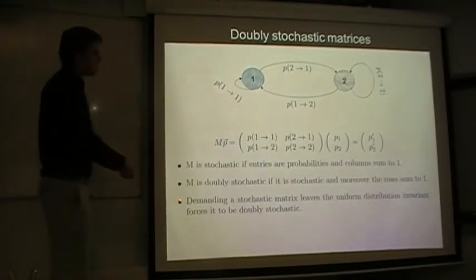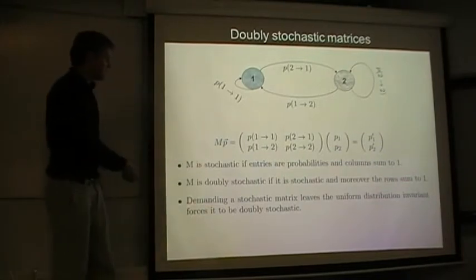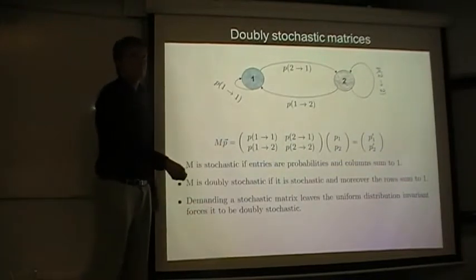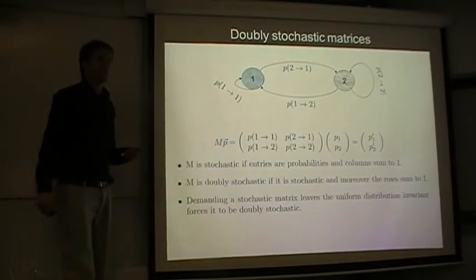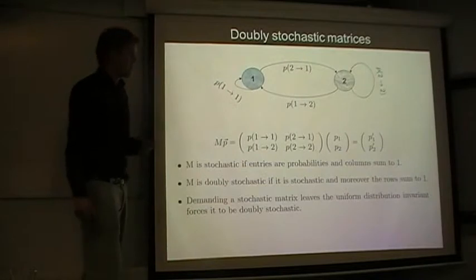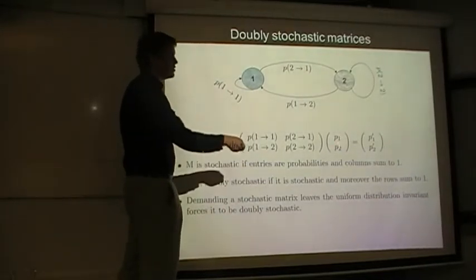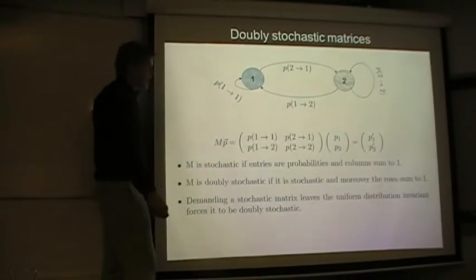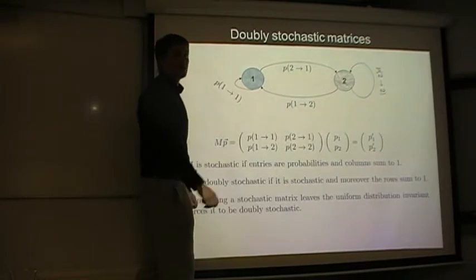And if you demand that a stochastic matrix leaves the uniform distribution invariant, that forces it to be doubly stochastic. So you can see that as a key difference between general stochastic matrices and doubly stochastic matrices. Maybe you can imagine that if you put in 1 over d here, and you demand that to be invariant, that forces the rows to sum to 1.